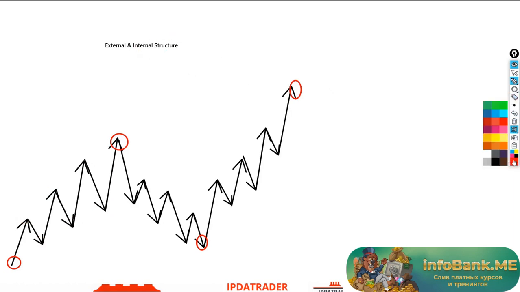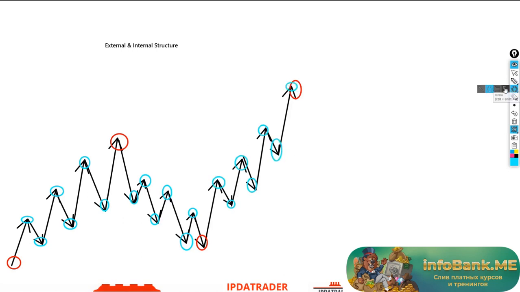Let me actually take a different color and label the internal points, right? This would be your internal structure right here. Let me finish doing that, right? So as you can see, price can very well, inside a bullish trend, right?